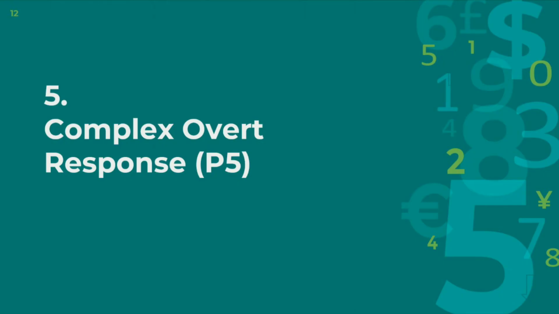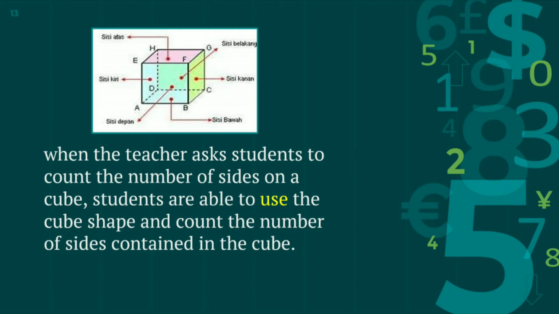We go to the next level, complex overt response. Let's see the example. The example is when the teacher asks students to count the number of sides on a cube. Students are able to use the cube shape and count the number of sides contained in the cube.